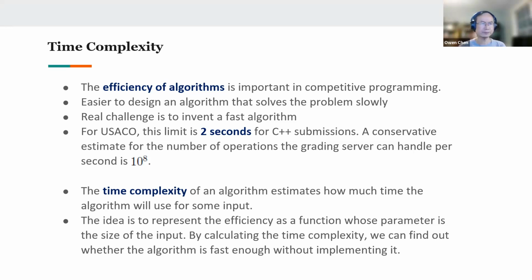Same for Java, I don't recall exactly what the Java limit is. I think for Python they get double, 4 seconds. But even with 4 seconds, a Python program cannot match half the speed of C++. That's why the majority of students participating in USACO use C++ for this speed.